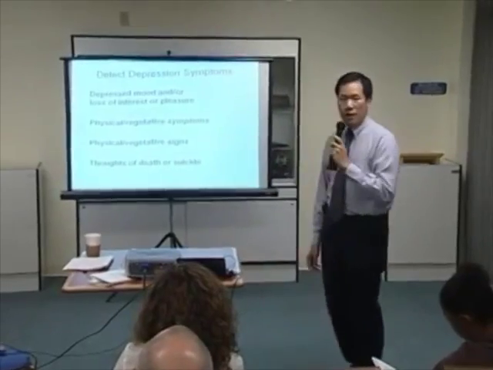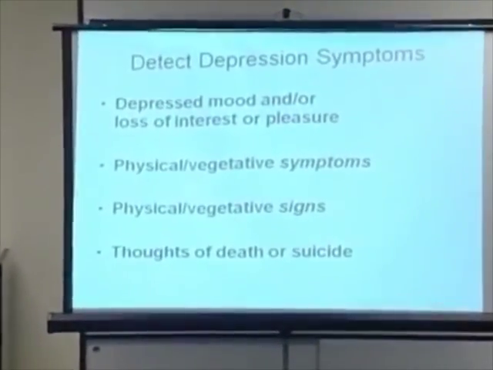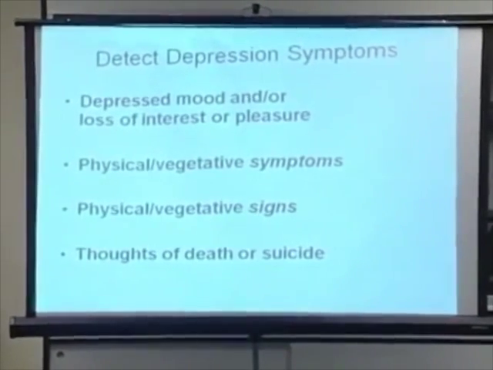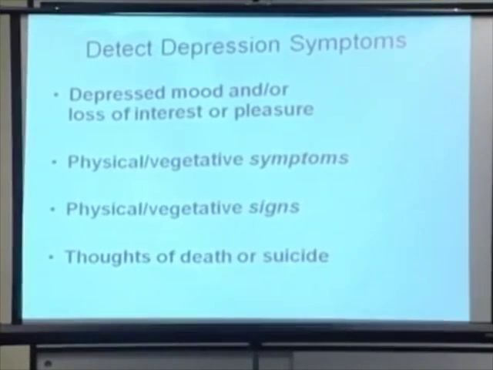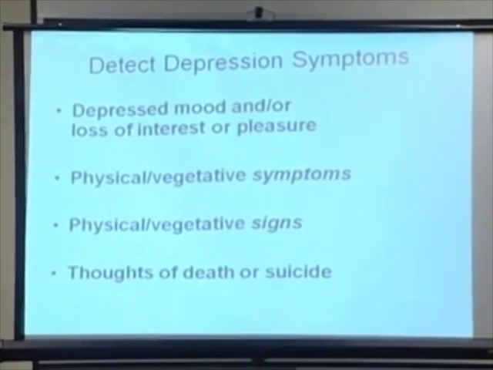Just to make sure that we're all on the same page, we wanted to talk a little bit about the different types of depression symptoms. Usually when we're talking about depression symptoms, we're talking about people who have a depressed mood and or loss of interest or pleasure. Sometimes you'll hear the clinical term anhedonia, but what that really means is that they have a loss of interest in their typical activities that they used to do for fun, that they found enjoyable.